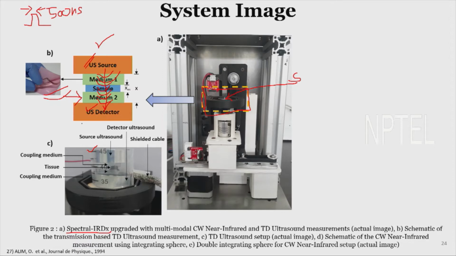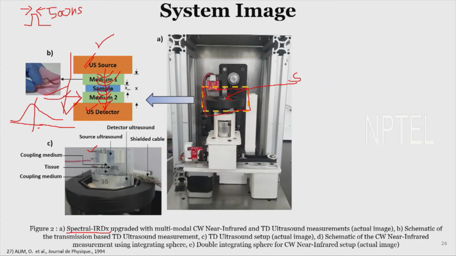So we propagate very short pulses of ultrasound input from the source, which pass through these mediums, and what we observe is that we get a signal like this, similar to what we observed in the time domain analysis of the near infrared spectroscopy, but this is the case of the ultrasound technique.